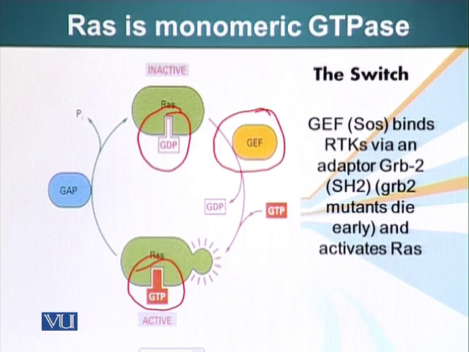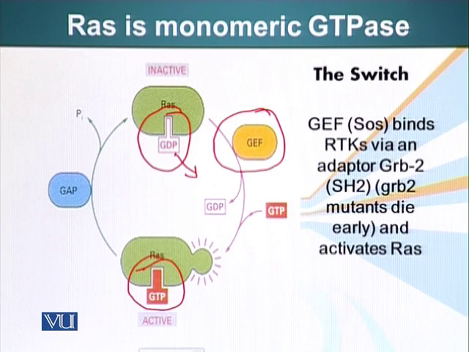So this molecule, GEF, allows RAS to get rid of GDP, and because, as I've mentioned, GTP concentration is greater, the probability is RAS will bind a GTP molecule now and not GDP. Like all signaling molecules, it is very important that we turn them off. G protein can hydrolyze GTP into GDP and become inactive. RAS does not have that ability.